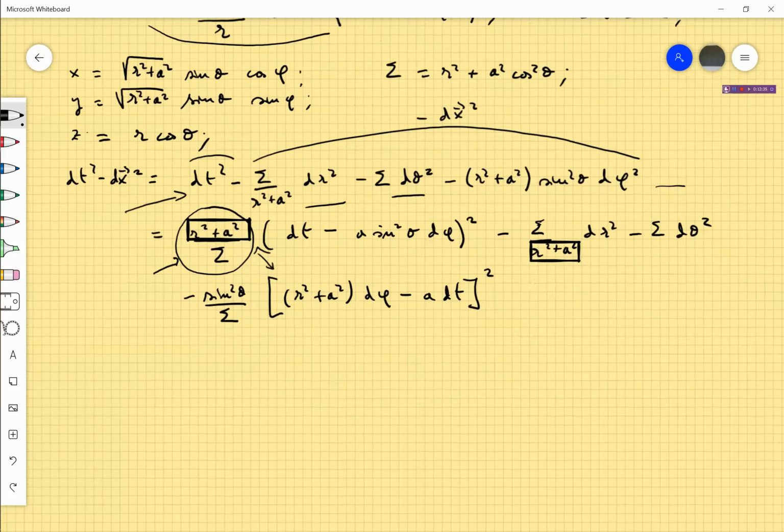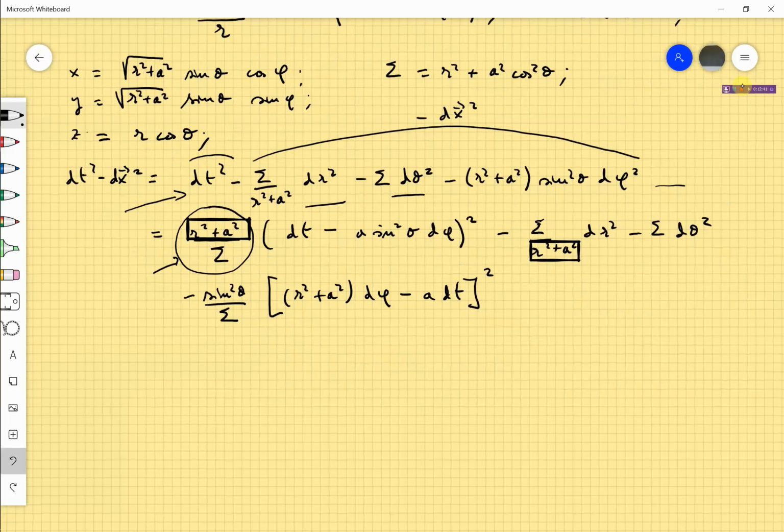The replacement is as follows. So instead of r squared plus a squared, let me get rid of all these things and clean a bit. It would be okay to add here a function c of r.